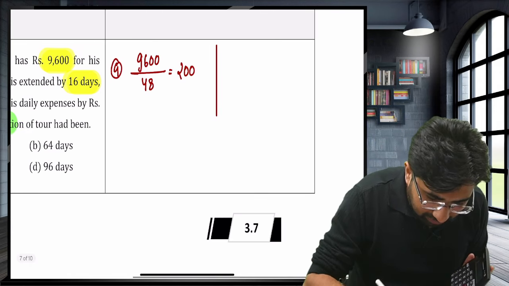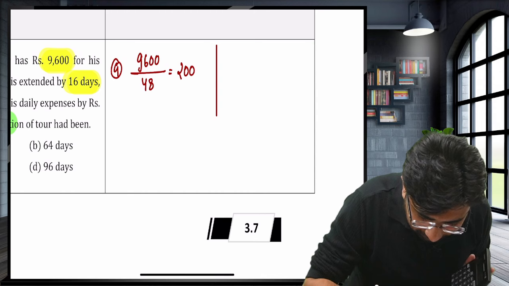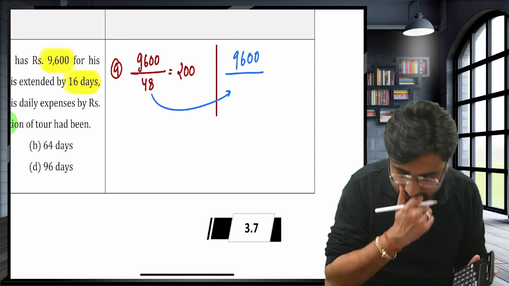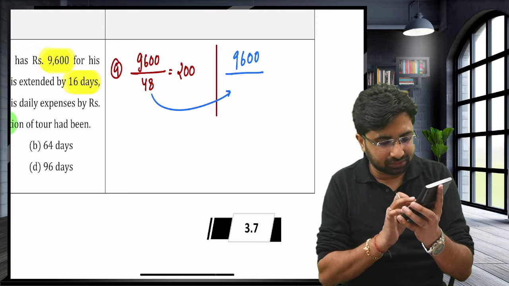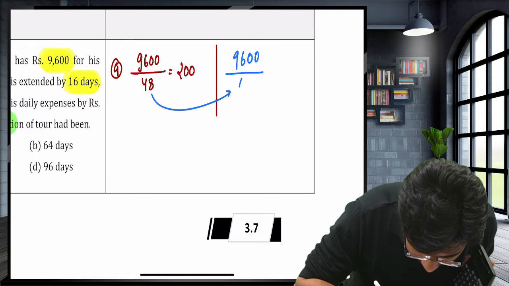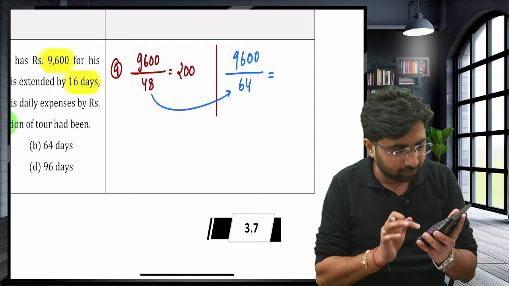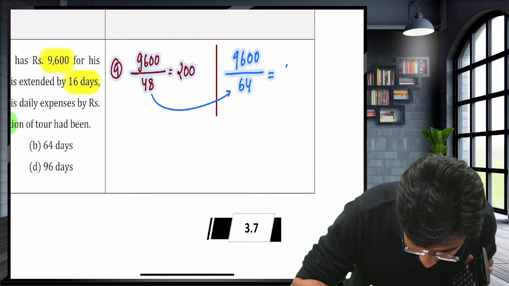If according to option A you extend his duration by 16 days, 48 plus 16, the new days will be 64. 9600 divided by 64, we are getting 150.